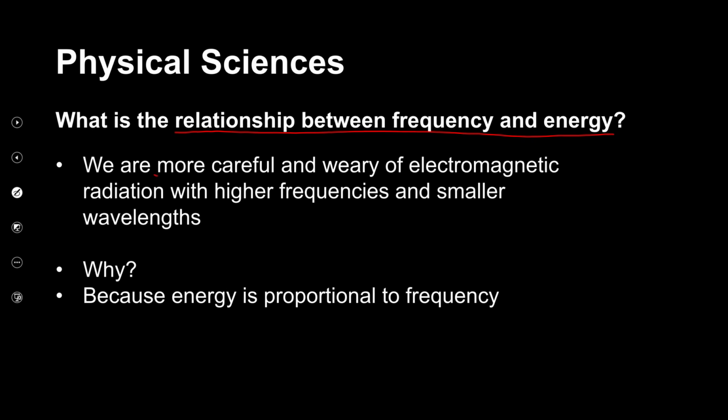We are a lot more careful and wary of electromagnetic radiation that has a higher frequency. Think of our X-rays and our gamma rays. They're the ones that you don't want to be exposed to. But remember that they also have smaller wavelengths due to their higher frequencies.